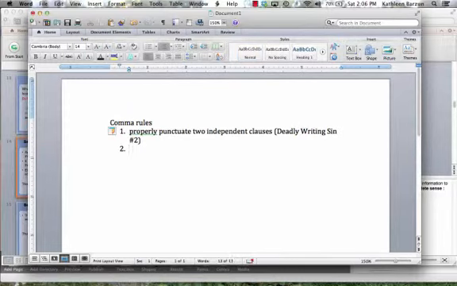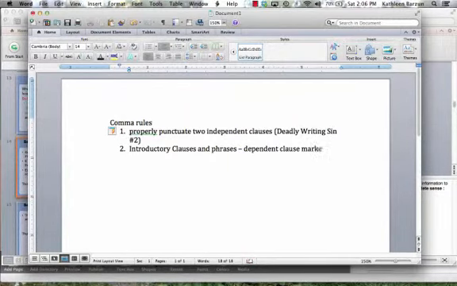The second one is introductory clauses and phrases, and that deals with dependent clause markers as well. The third has to do with essential and non-essential phrases and clauses.